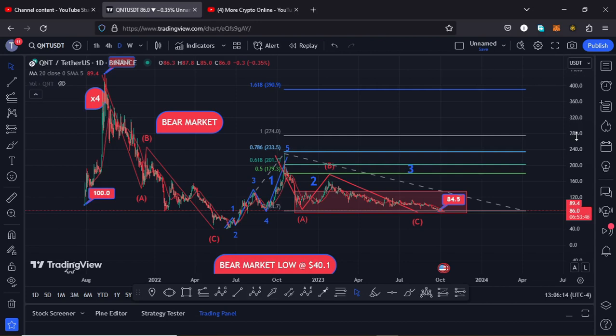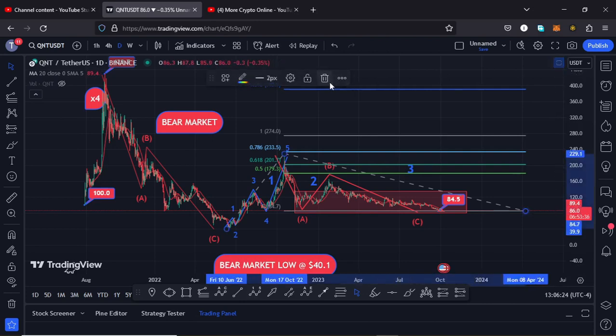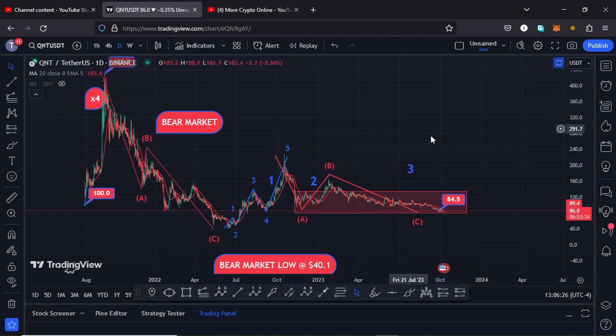But for now, we need to have in mind that the risk still remains to the downside, where we can expect one more new low, maybe at around the $80 mark in the formation of that wave 2, before we can get that massive bounce in the formation of that wave 3 to the upside.